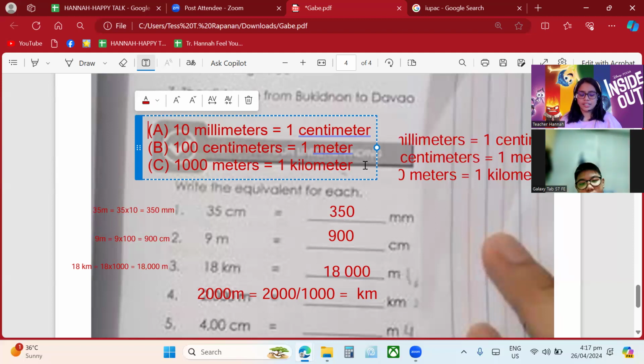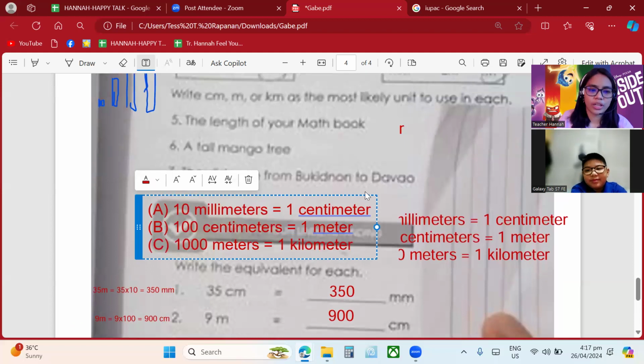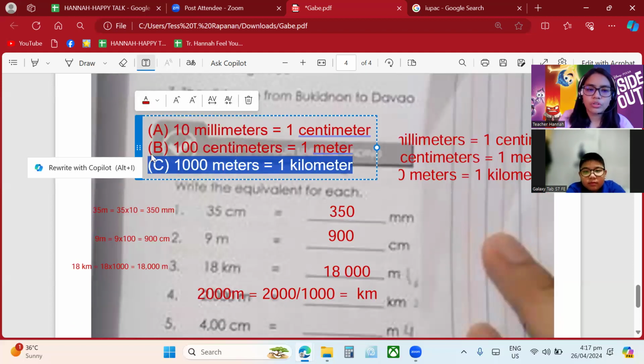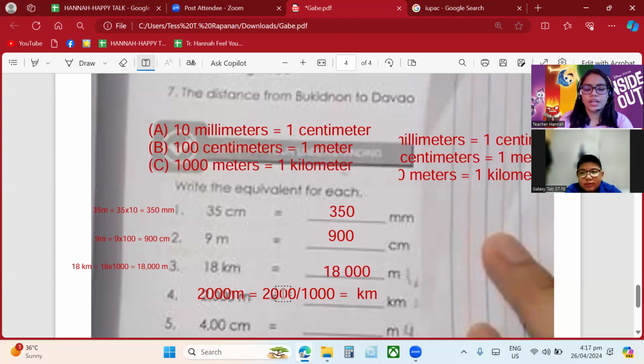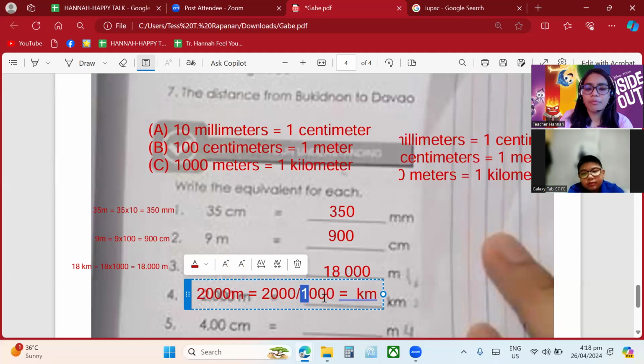Letter C. Only look at letter C, don't look at A and B. So we say 2,000 divided by how many? 1,000.